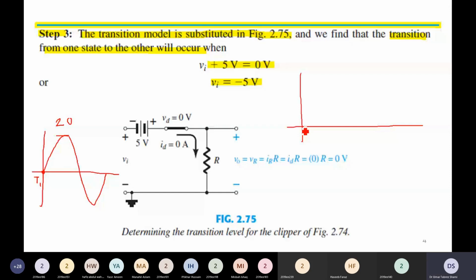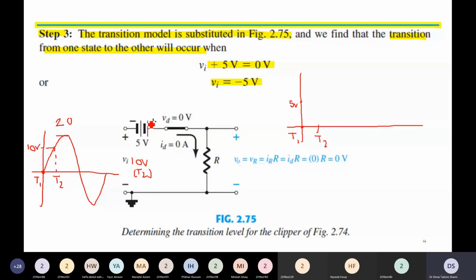Now let us take another time, time t2, and at time t2 the input voltage is 10 volts. So what will be the output voltage at time t2? The output voltage will be the sum of the input voltage plus 5 volt DC, and the input we have is 10 volts because we are at time t2, whereas we have a fixed 5 volt battery.